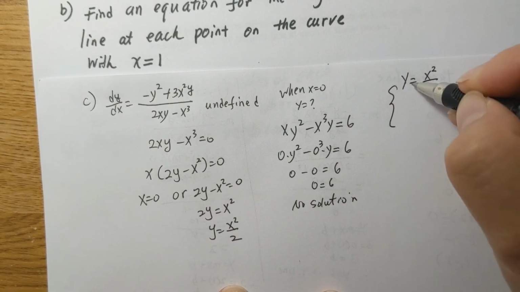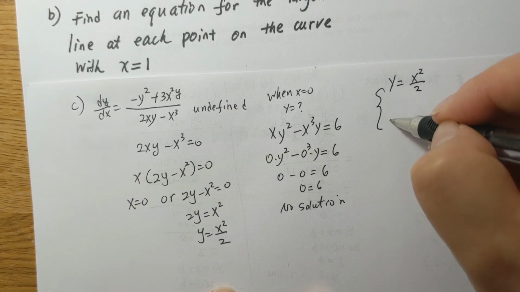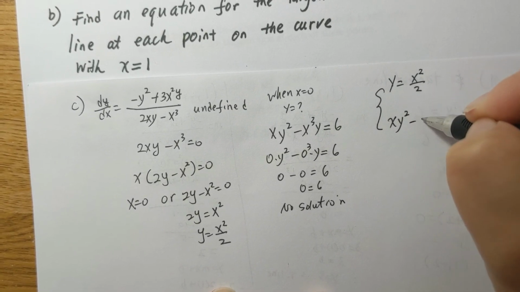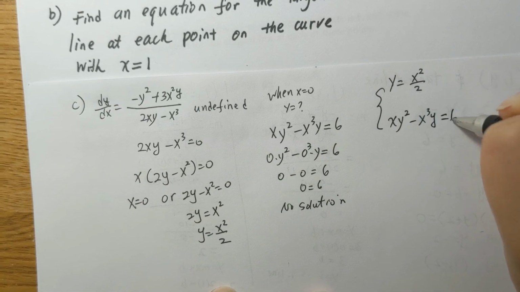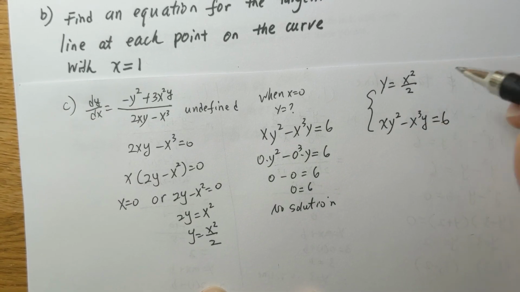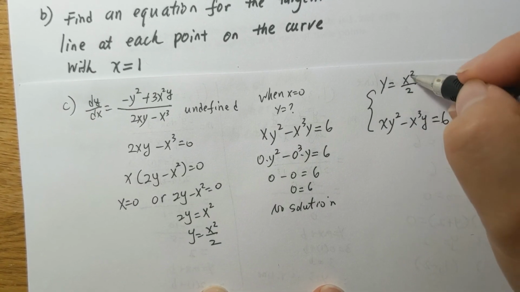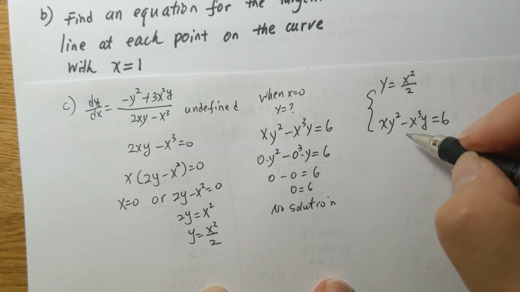So when you have an equation, that means you have to use the system of equations. So when you solve a system of equations like this, the best method is substitution. So we're going to do substitution.